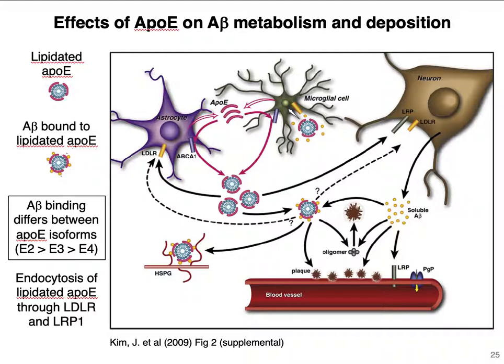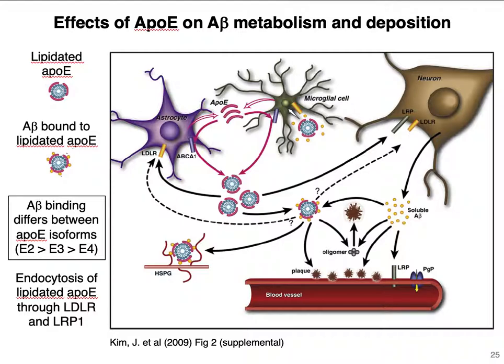Neurons need cholesterol, right? Every cell needs cholesterol. You don't want it too high, but every cell needs it. And then it's taken up by LDLR and LRP. LDLR is a receptor for the low density lipoprotein, okay?